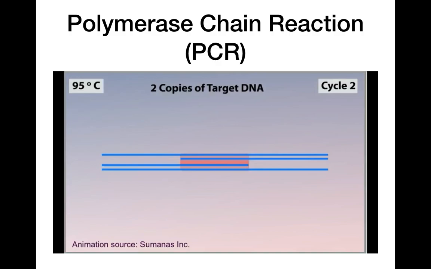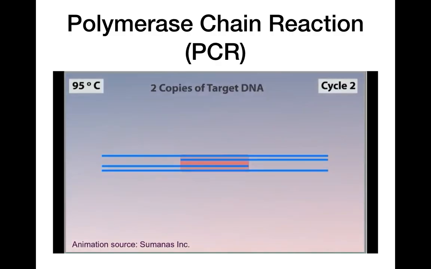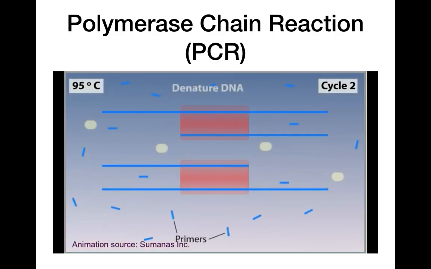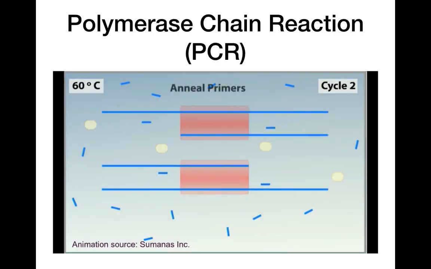The PCR reaction mixture contains mainly copies of the primers and an abundant supply of nucleotides to perform many additional cycles. After a second cycle, there are 4 copies of the target DNA produced.